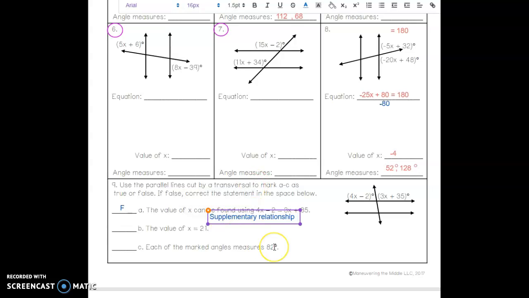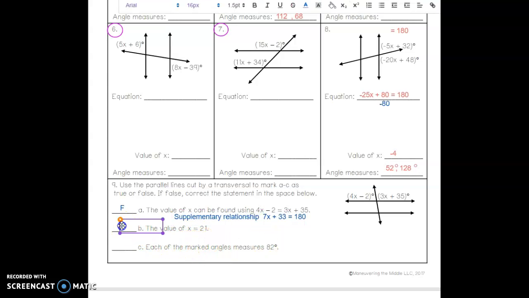So what they need to do is combine like terms of 7x plus 33 and set that whole equation equal to 180 degrees. So this is an example of how you can correct false statements.